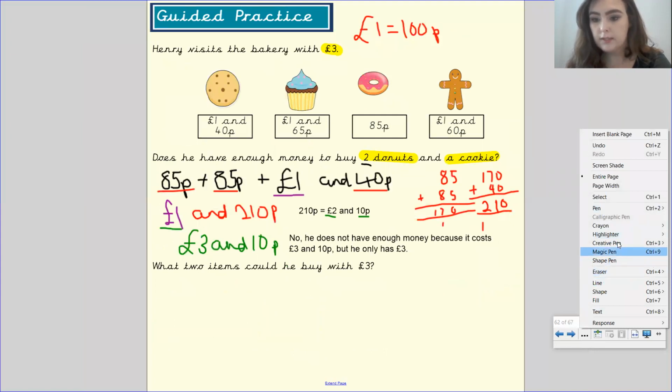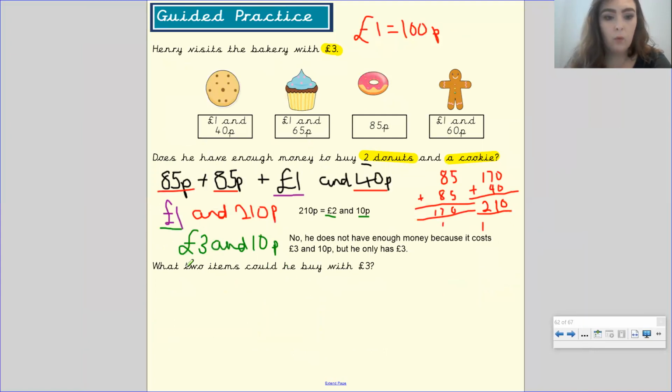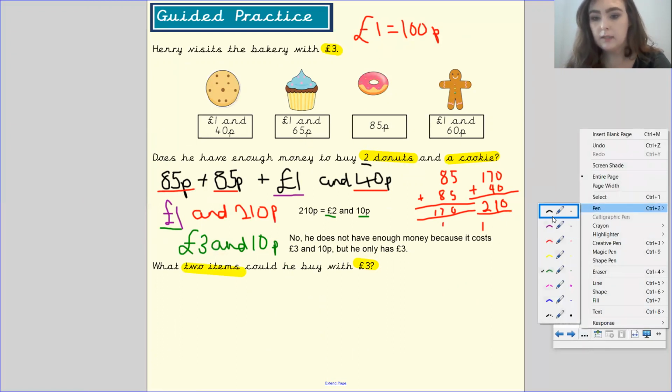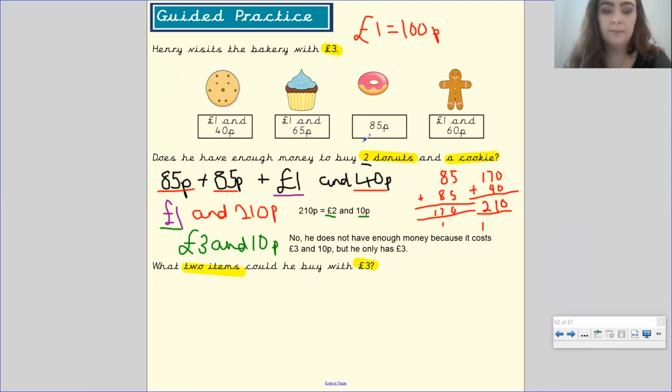So the next question says, what 2 items could he buy with £3? So we need to have a look and see what items he could buy for £3, and we're only looking for 2. So let's have a look.